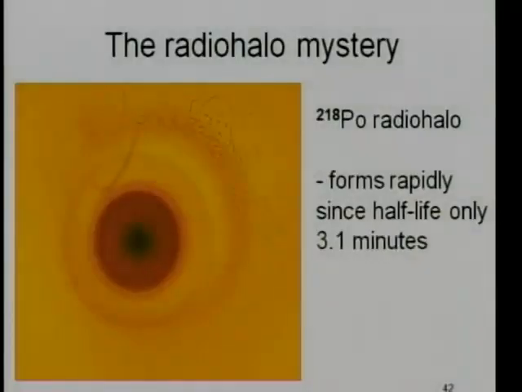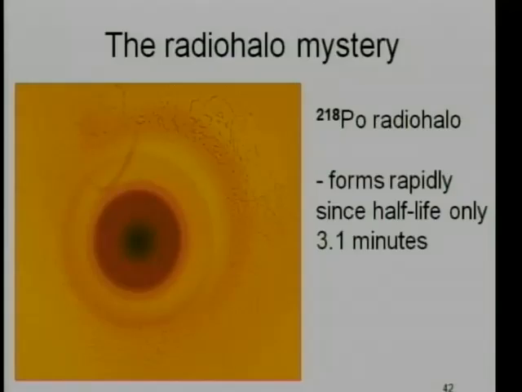When atoms decay radiometrically, they leave these sort of rings where the particles that they emit finish up in the material, and they leave this damage there. And the size of the rings depends on the element, and you can identify what element it is from that. And the problem with these polonium halos is that they have very short half-lives. Okay, they're very short-lived, so they have to form very rapidly.